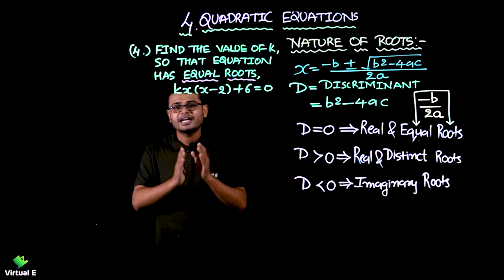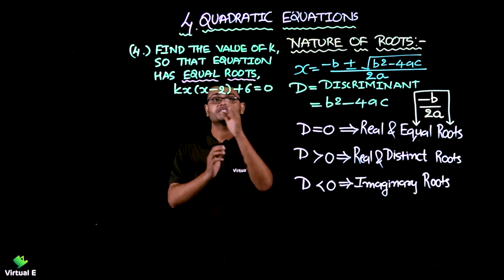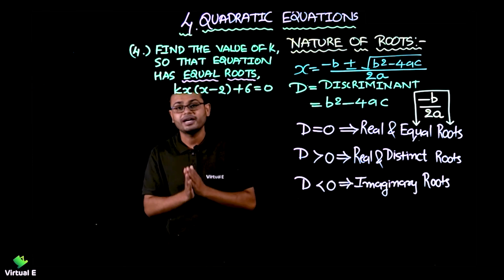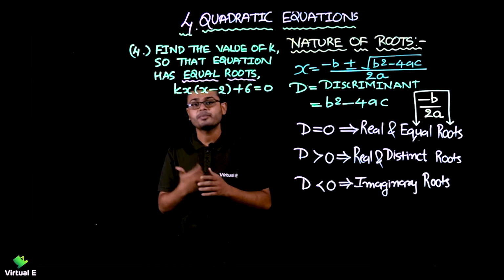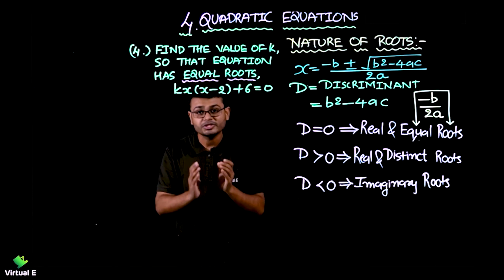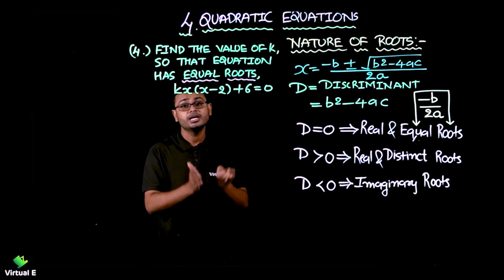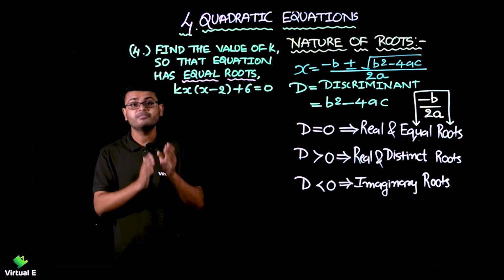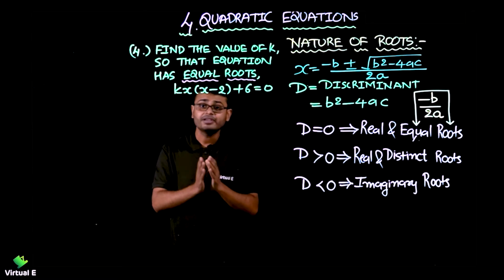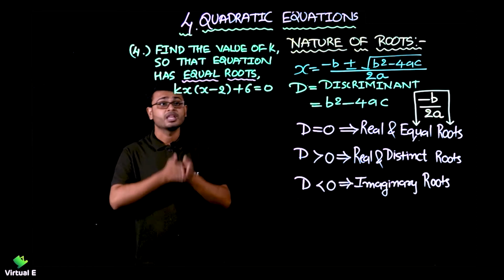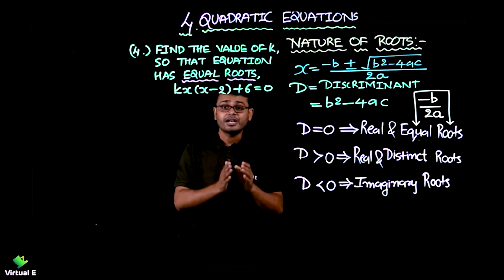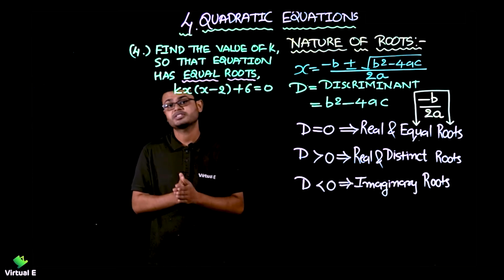Before we decide, I told you if this kind of situation is given, you need to simplify it. Recall the first session of this chapter. We were simplifying the equation, then looking at whether there is any term with the variable x square. Then we say whether it is quadratic or not. The same we are going to do over here. We are going to simplify, then decide the coefficient of x square.